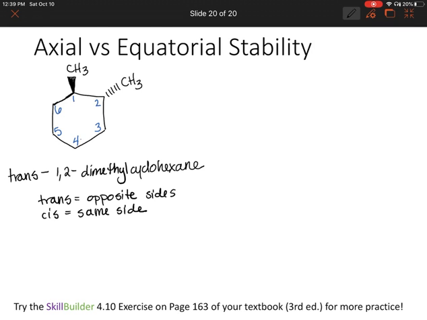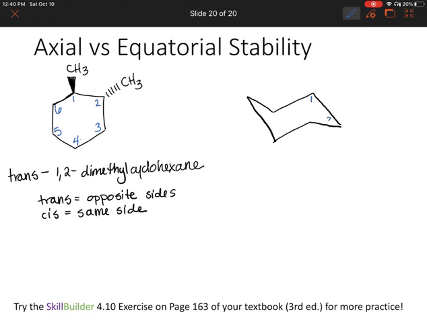Okay, so let's draw this as a chair conformation. So I'm going to draw my parallel lines, my triangles pointing down and pointing up. And let's just label each of the carbons around this ring. So I'm just going to start in the upper back corner.